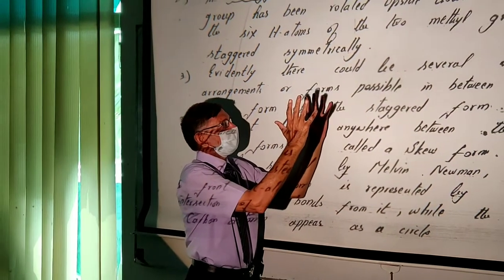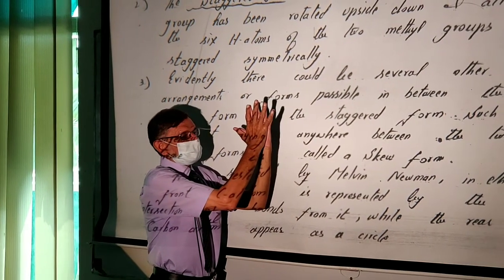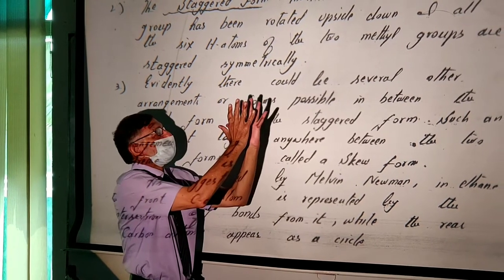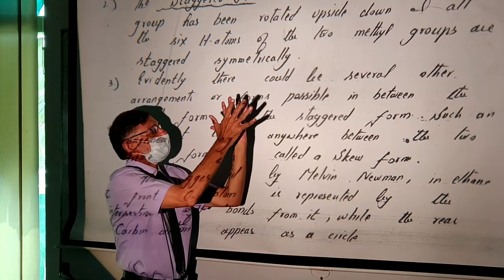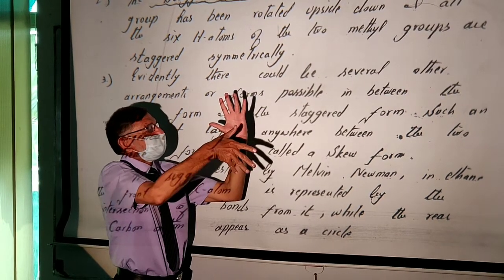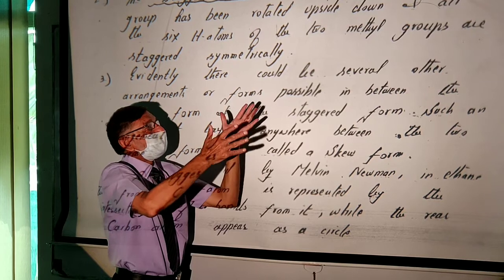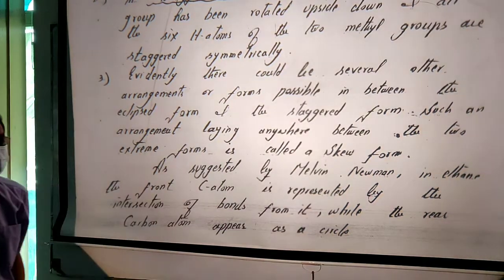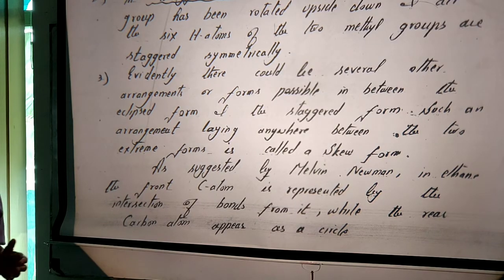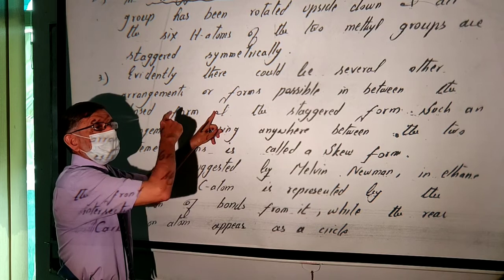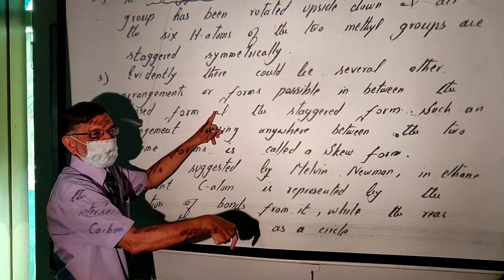Now, you can see eclipsed, staggered, and in between these, all these forms are designated as skew, which lie between eclipsed and staggered.